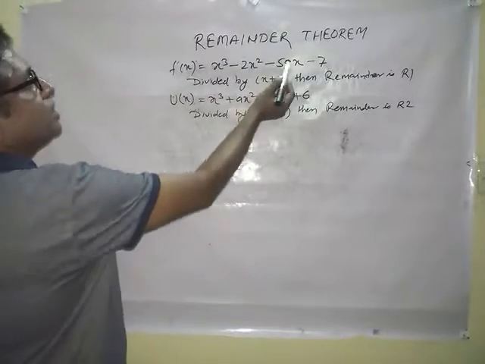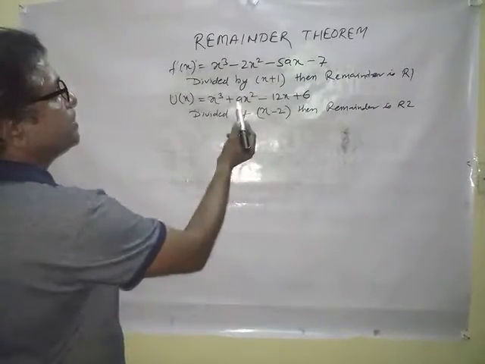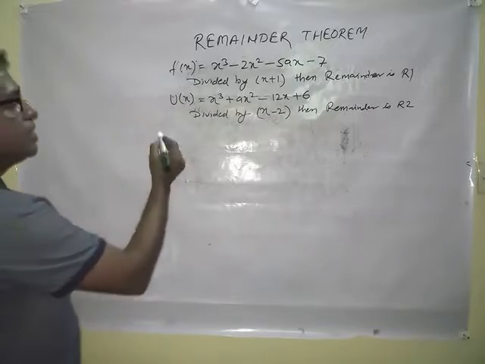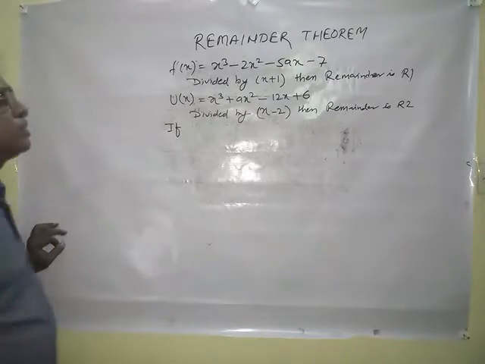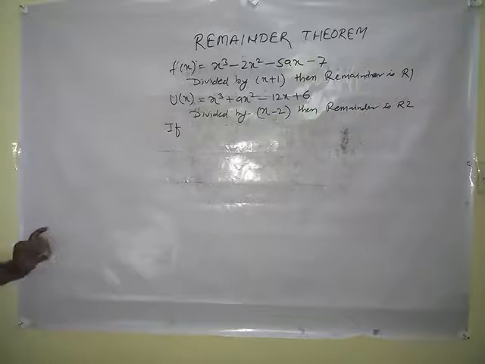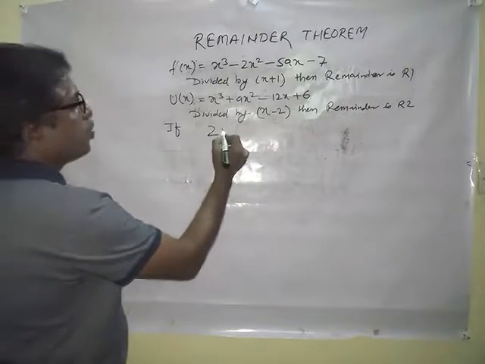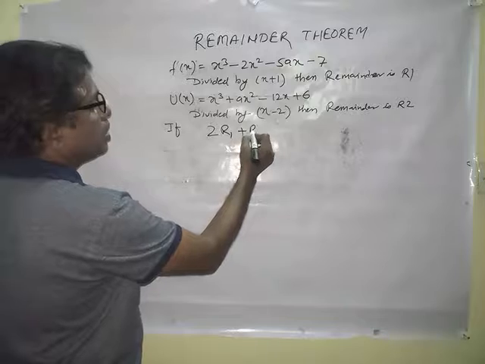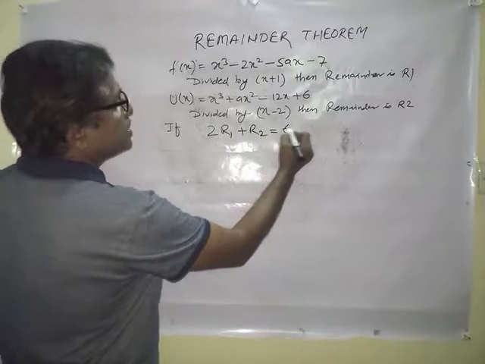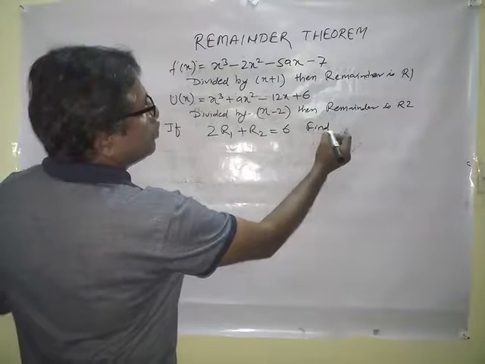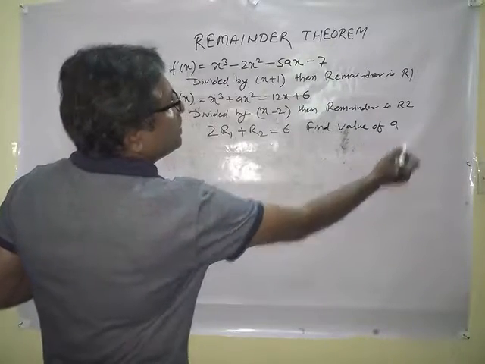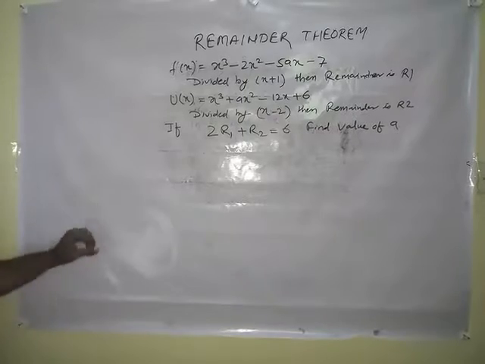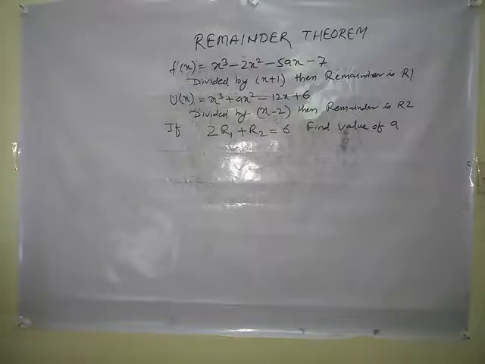Now here a is a variable, here also a is a variable. Another condition is given: if 2r1 plus r2 equal to 6, find the value of a. Now this is the question.